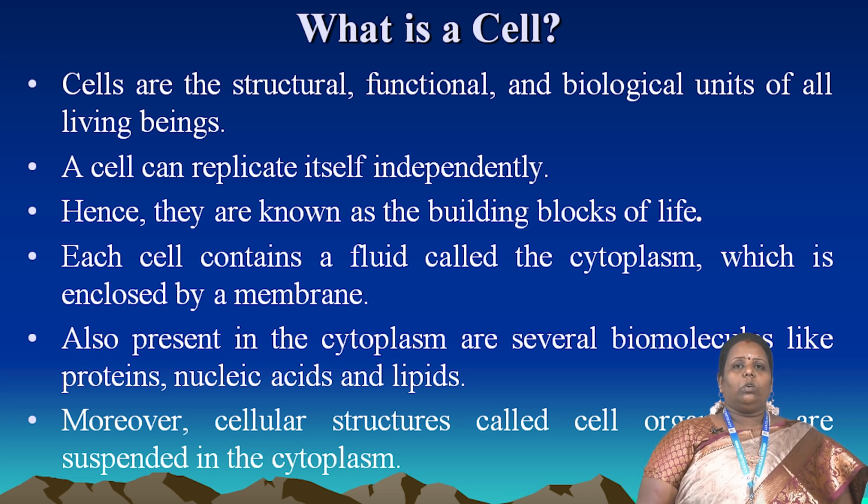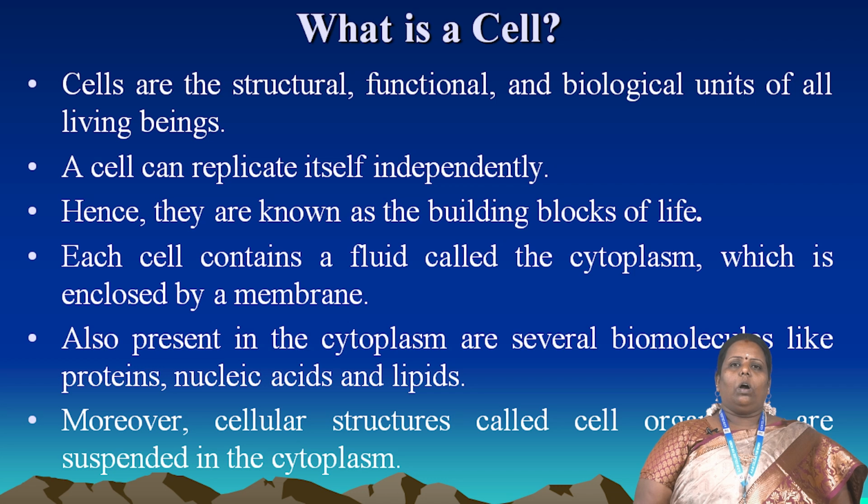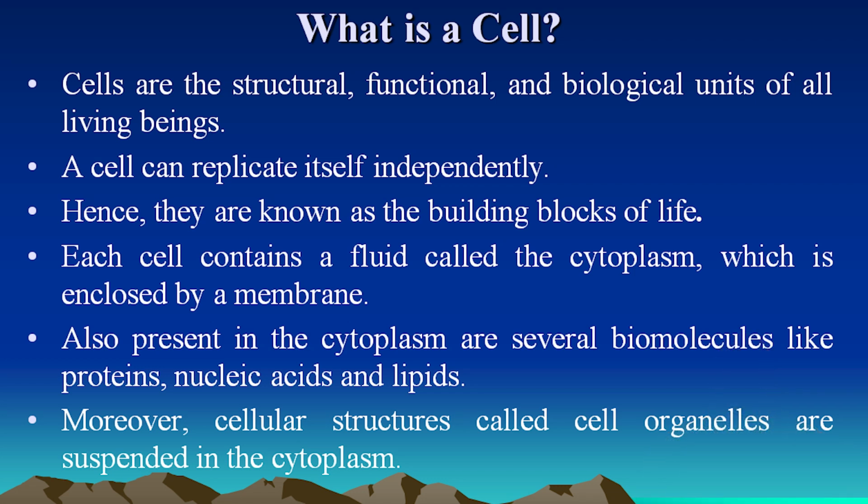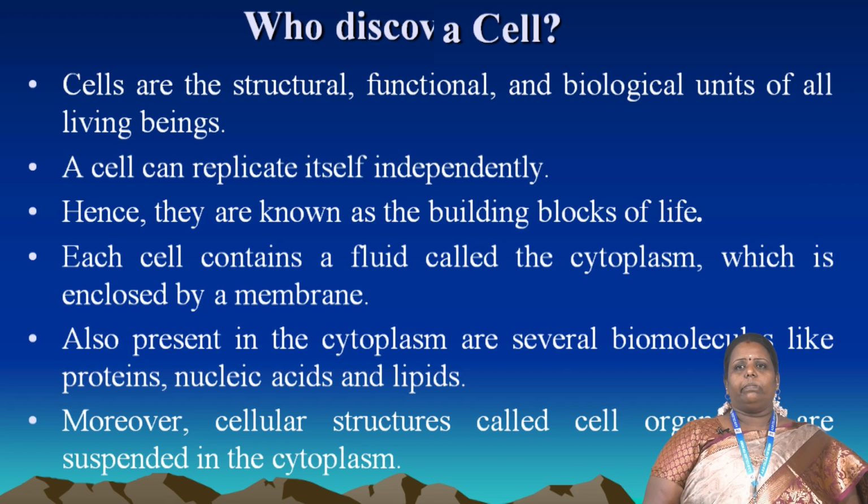Normally, protein is very, very important in our body, because protein is the body builder. All our body is made up of protein. Protein gives energy and more. The nucleic acid is nothing but DNA, which is present in the nucleus, and lipid particles are found all over the body. Moreover, the cellular structures are called cell organelles, and they are suspended in the cytoplasm.